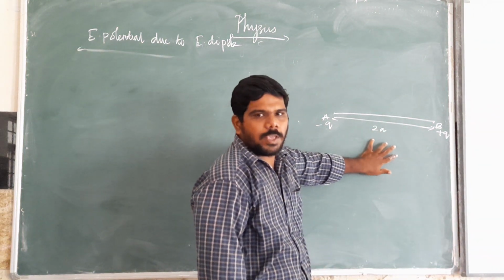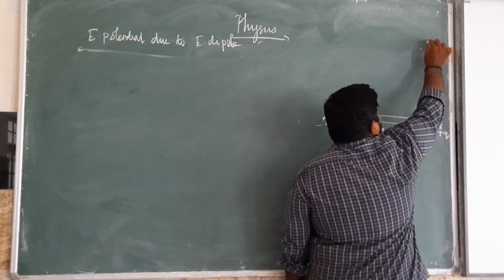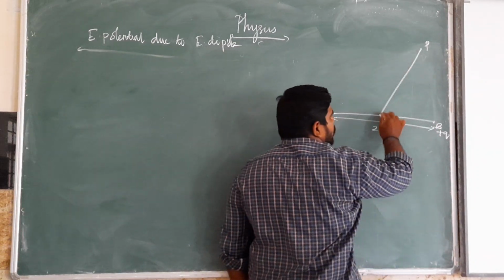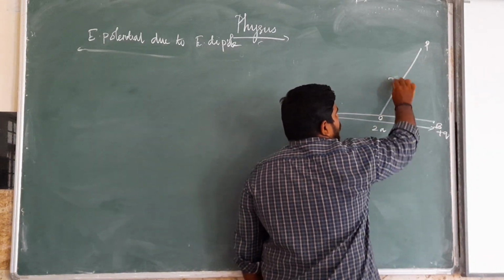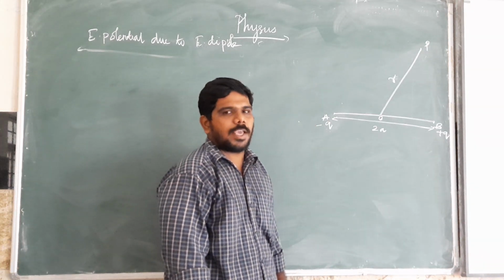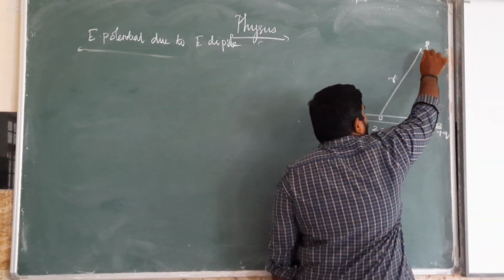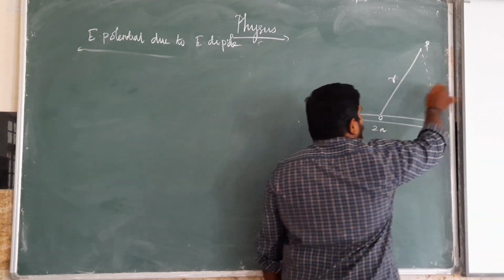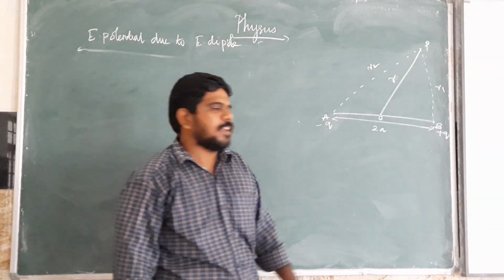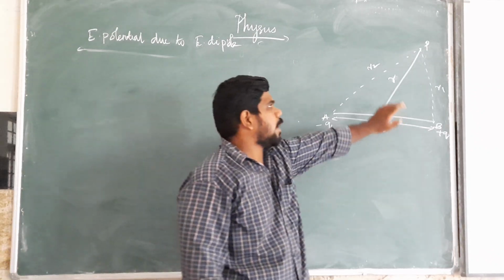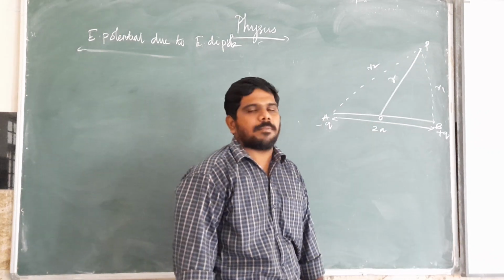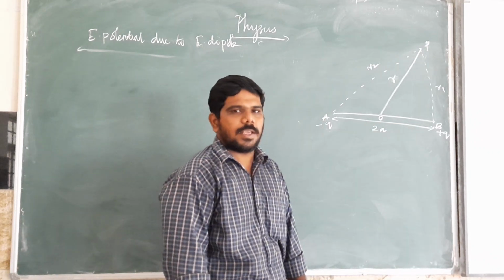Let P be a point at a distance R from the midpoint O. Let R1 and R2 be the distances from the charges plus Q and minus Q respectively to the point P. Clear?